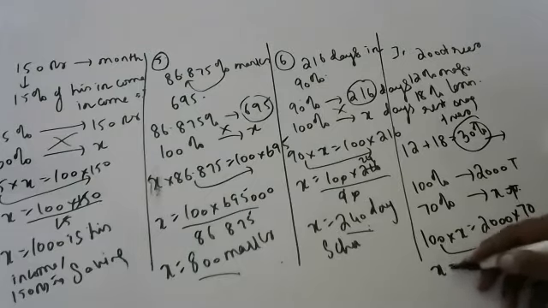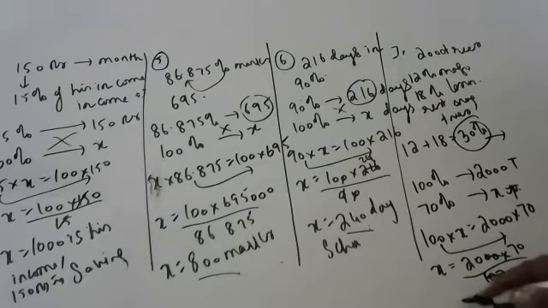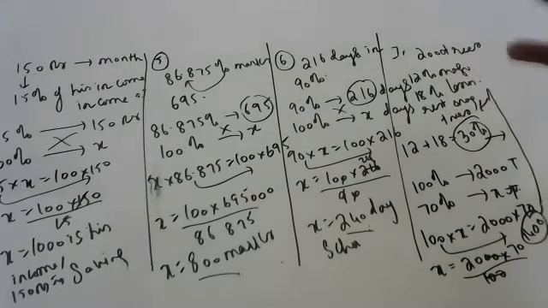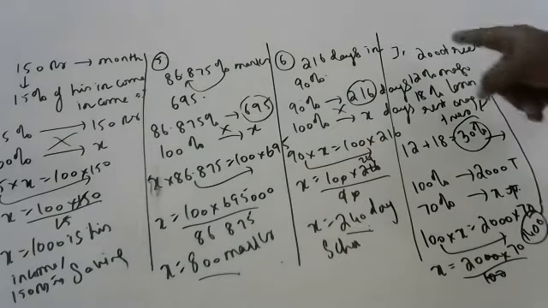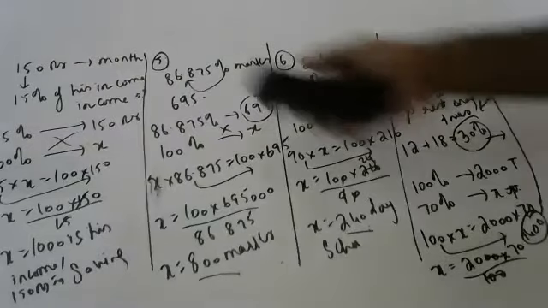X is equal to 200 into 70 divided by 100. 0 can cancel. 140 orange trees are there. So because of 12% and 18%, if you remove them, 70% is 140. So in 200, 70% is 140, children. Try to understand.